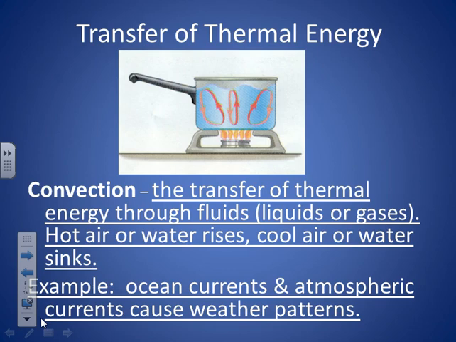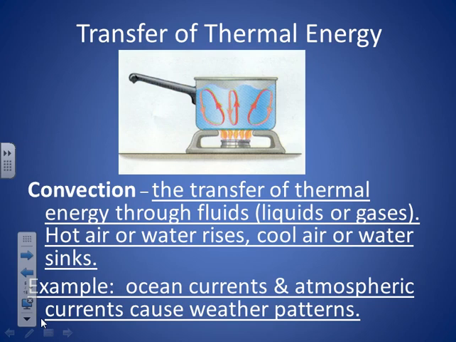So convection is the transfer of thermal energy, remember the word thermal means heat, through fluids. So a fluid could be a liquid or a gas. In this specific type of heat transfer, the hot air or water will rise and the cool air or water will sink. And it creates a current.